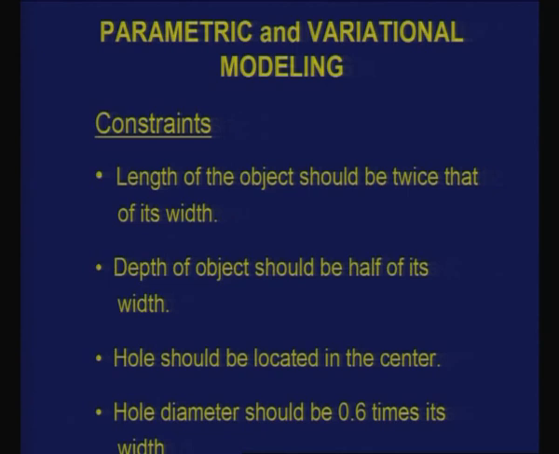Like, you have 3 situations whenever you are in a design process. For example, I may impose more constraints than required. Like I may have conflicting constraints. That means there are 2 constraints which are conflicting and both cannot be satisfied. So, you say that this is an over constrained object, and you have to release one of the constraints in order to define the object.